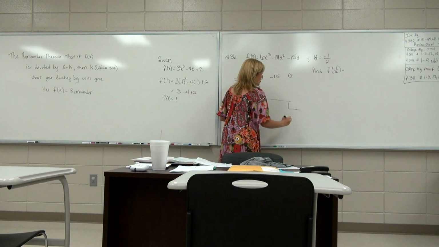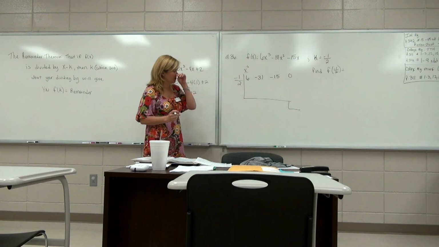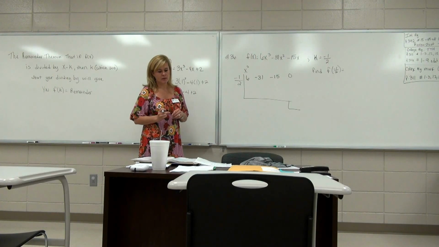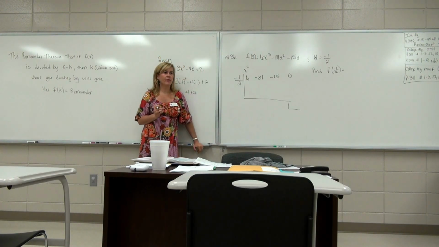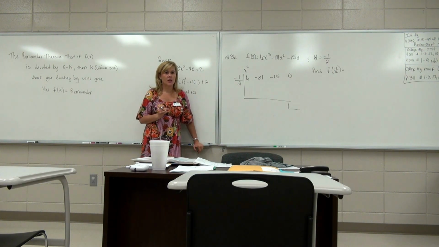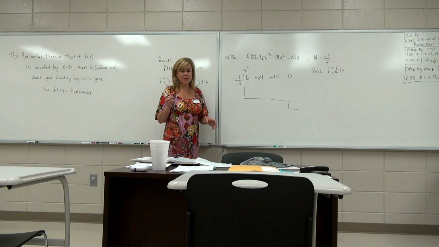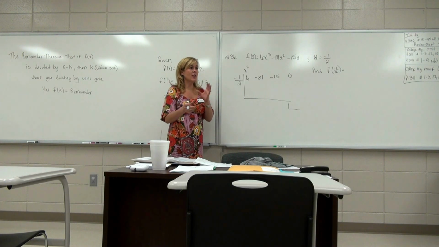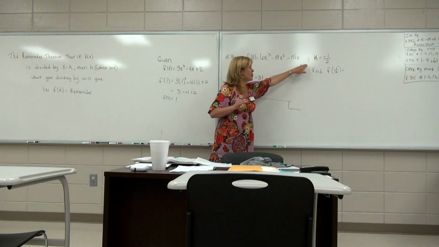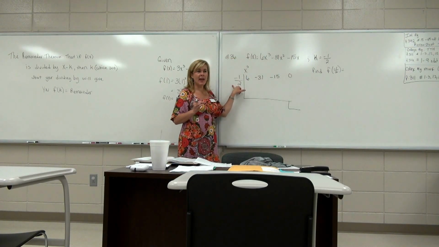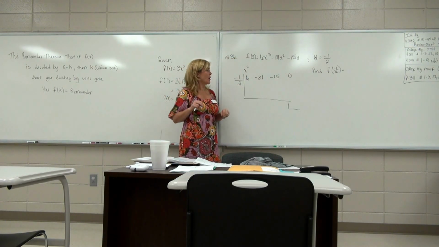You don't have a constant term, so put a 0. Now on these, the only time that you ask yourself what makes it 0, that you change the sign on what you have, is if it was written as a factor. If it actually gives you k, k is always what you divide by. K is always the 0.